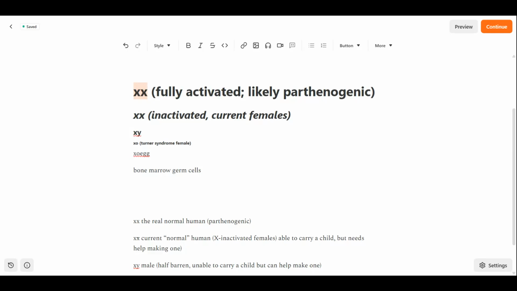So the next individual that this one would create would then be a fully activated parthenogenic individual. And now you are right back to square one very quickly. And you have to understand how quickly this would happen, because it happens automatically.